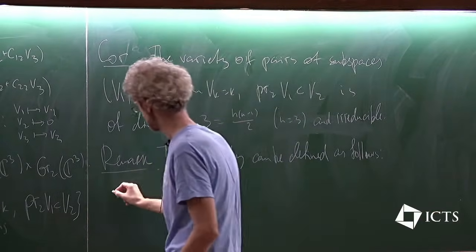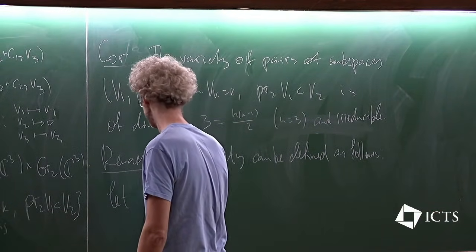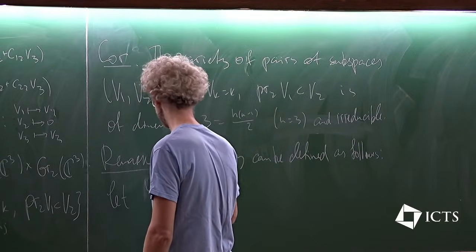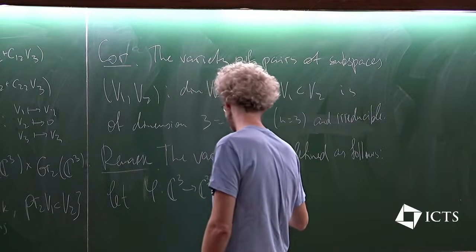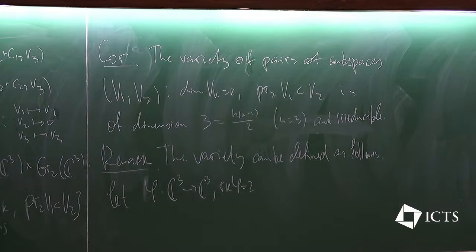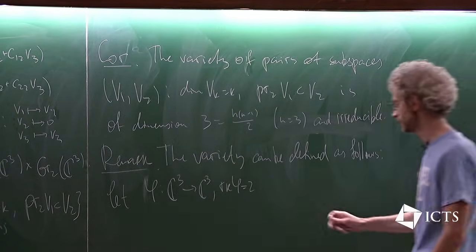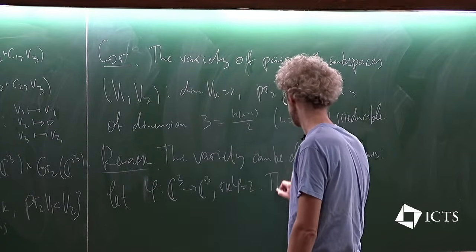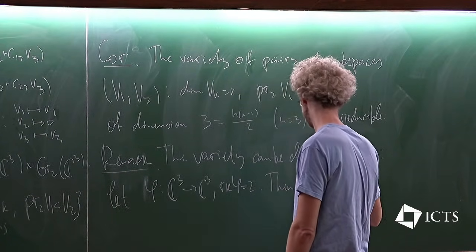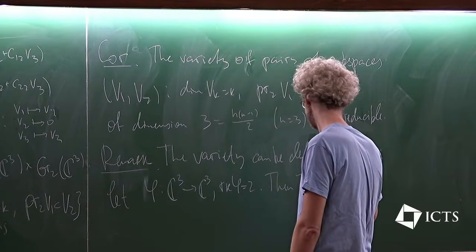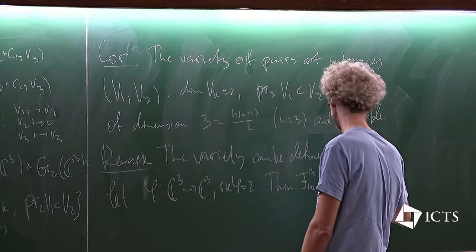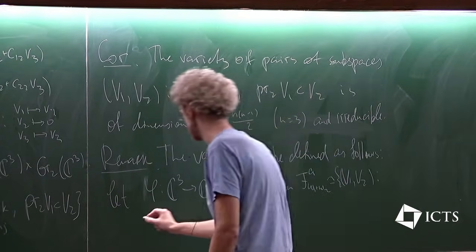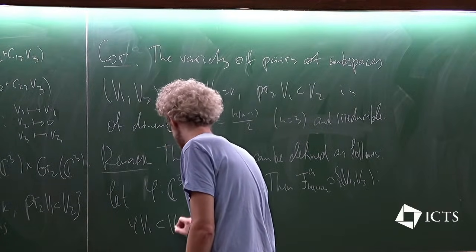Let phi be a map from C3 to C3 such that the rank of phi is 2. Just take any linear map from C3 to C3 of rank 2. Then F_{a omega 1 plus omega 2} is isomorphic to the variety of pairs V1, V2 such that phi of V1 sits in V2.